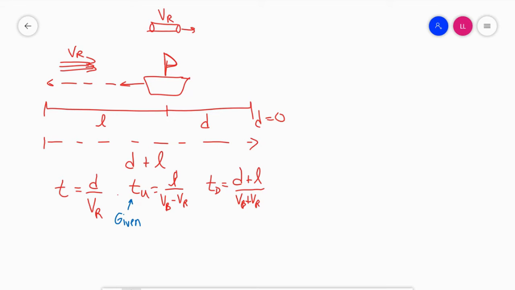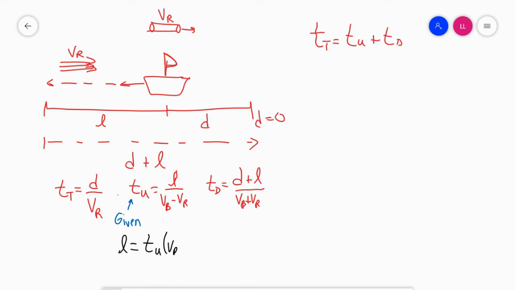Now this T for the log is actually the total time, and the total time will be the upstream time plus the downstream time. I'm going to solve this for L, because we're going to use that in our equation.